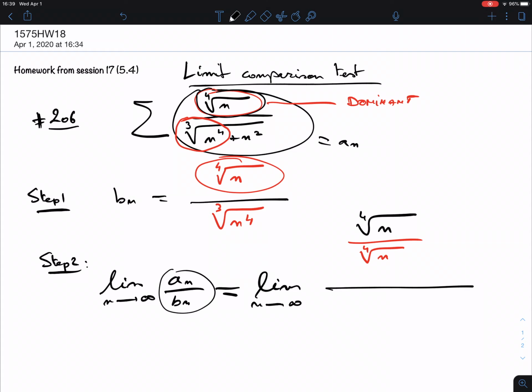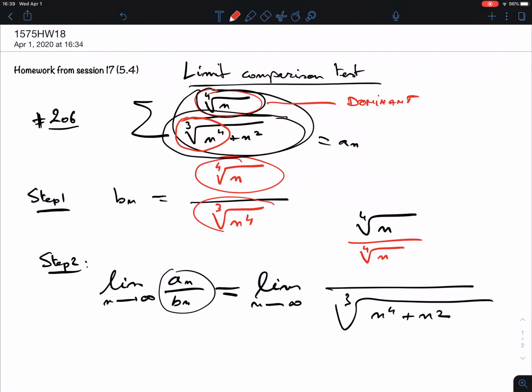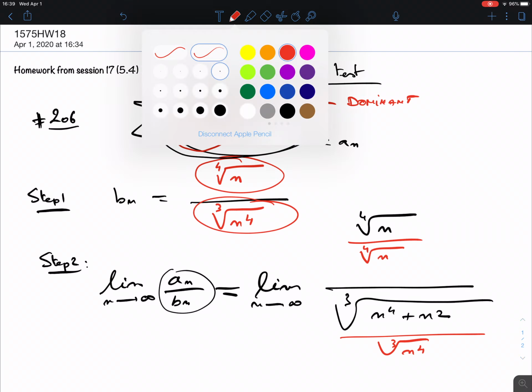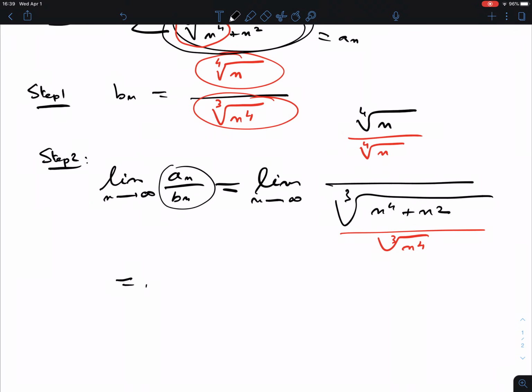We take the entire denominator, be careful of course: cube root of n to the fourth plus n squared for an, and then the same for bn, which becomes our denominator here. Why do we do this? Because now we can easily carry out the divisions after we bring everything inside the radicals.